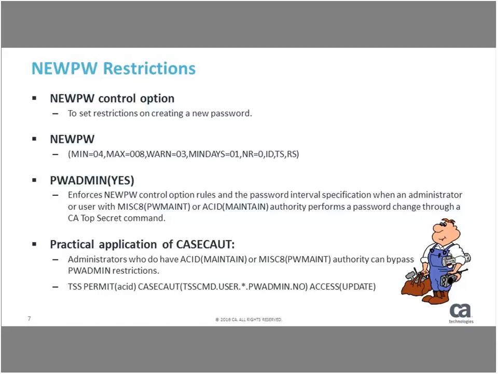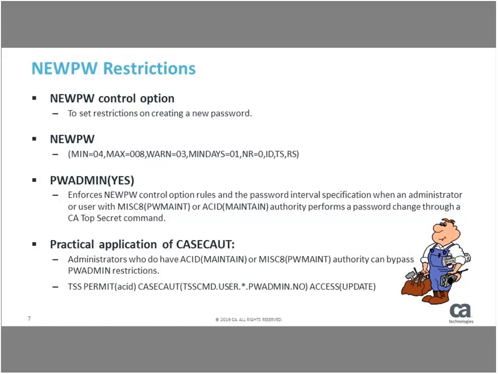Well, some administrators may need to change a password and not follow one of these PW rules. So we implemented a number of CASECAUT resource entities that they can use.